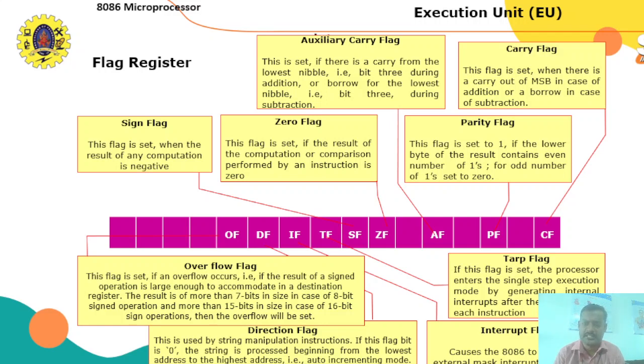But vice versa, if there is a carry in from D14 to D15 and no carry out from D15 to D16, this is the overflow. Similarly, if there is no carry in but there is a carry out, that is also an overflow. So in these two cases there is a carry in and no carry out, or no carry in but a carry out. In these cases the sign flag is affected, and this sign flag effect is predicted using the overflow flag. Thank you.